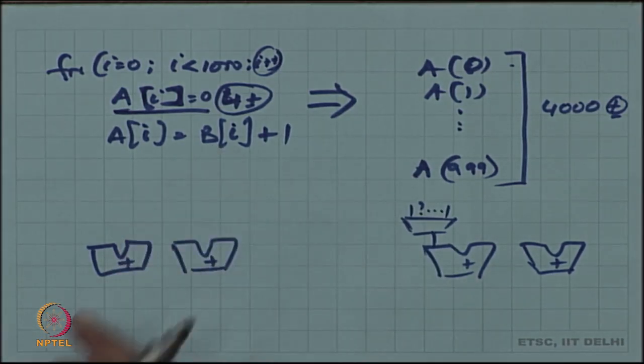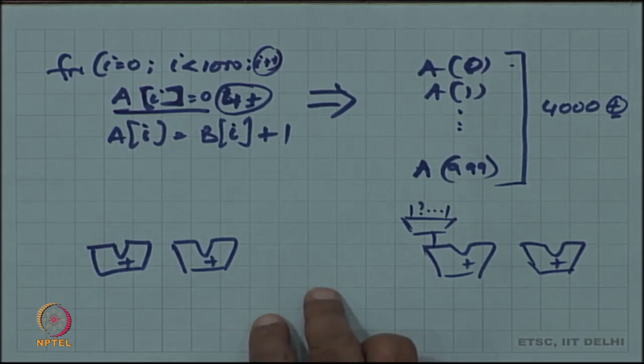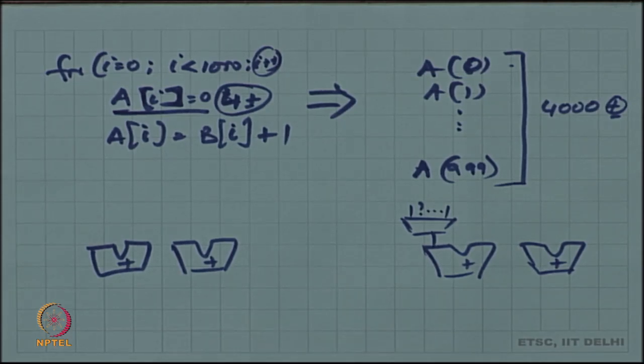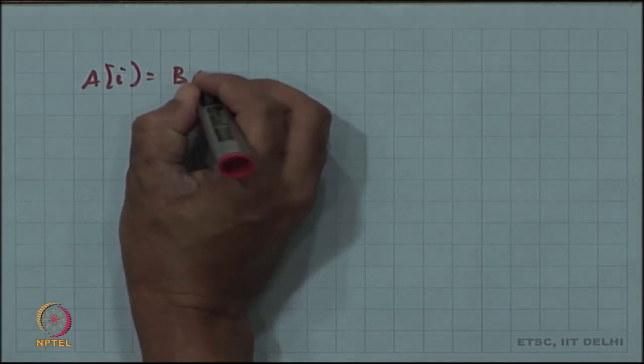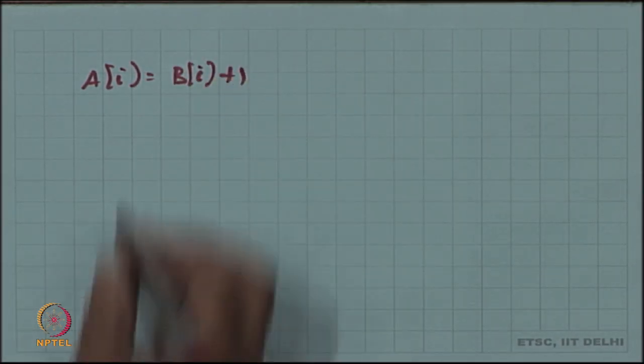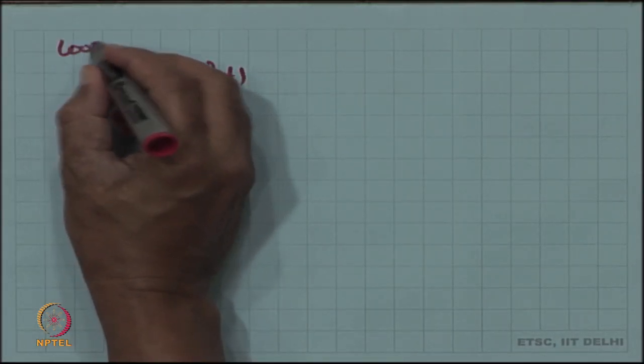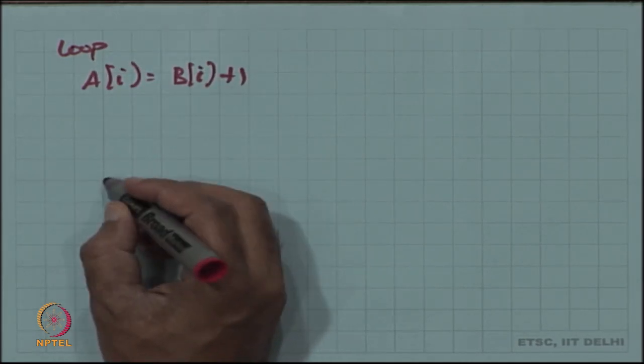What kind of circuit is that here? Let us move out here. So I have AI plus 1, that is my loop. And so this is the loop where 4 instructions can be done in parallel.